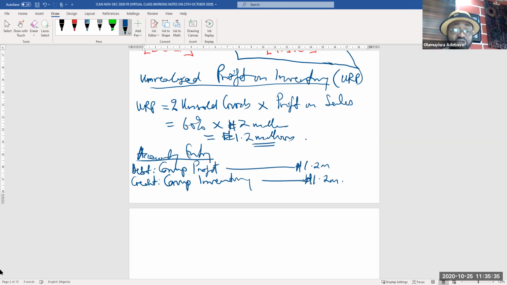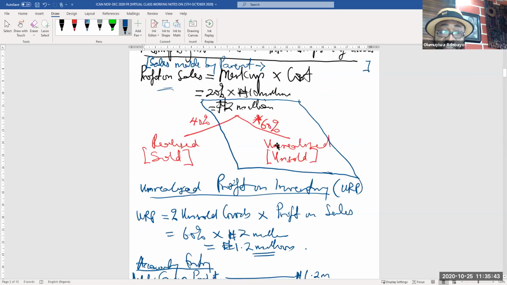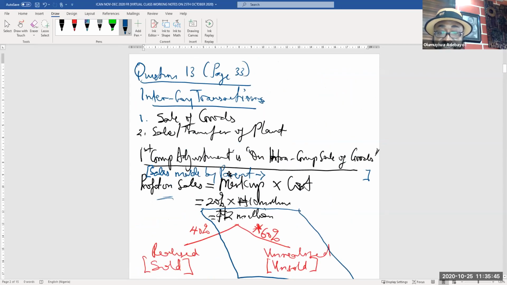And this is the entry we pass for unrealized profits. This entry only affects transactions made by the parent to the subsidiary, which means sales made by the parent to the subsidiary is otherwise known as a downstream transaction.